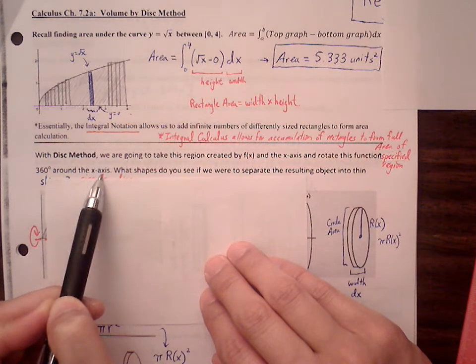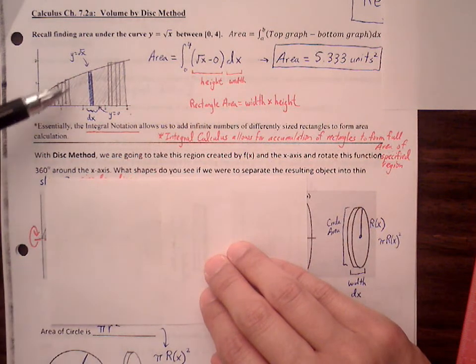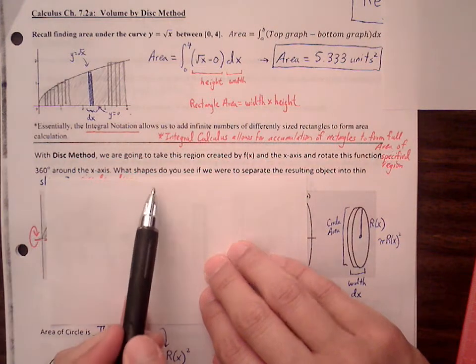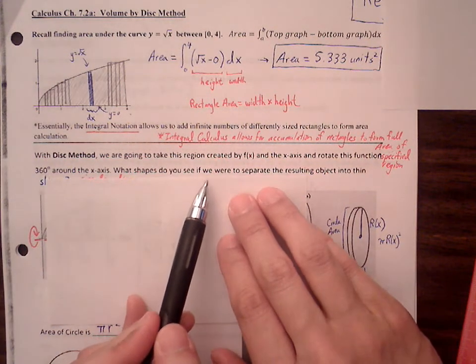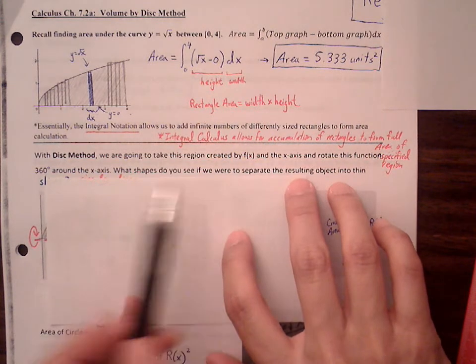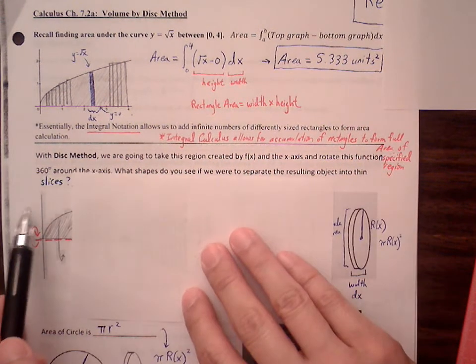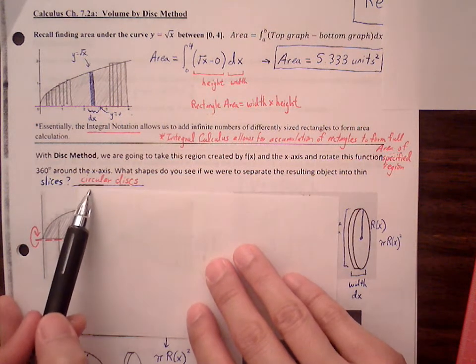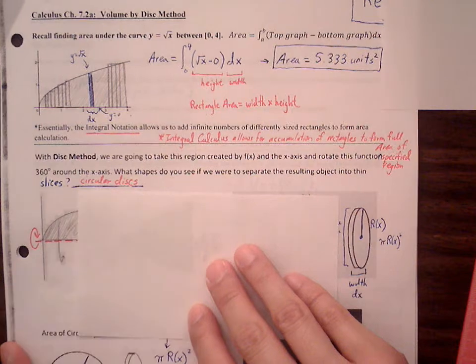In this case, we're going to call it the x-axis. So as we rotate this all the way around this x-axis, can you guess as to what shape we're going to create if we were to take this resulting object into thin slices? Okay. And the answer is we're going to be achieving these circular disks.